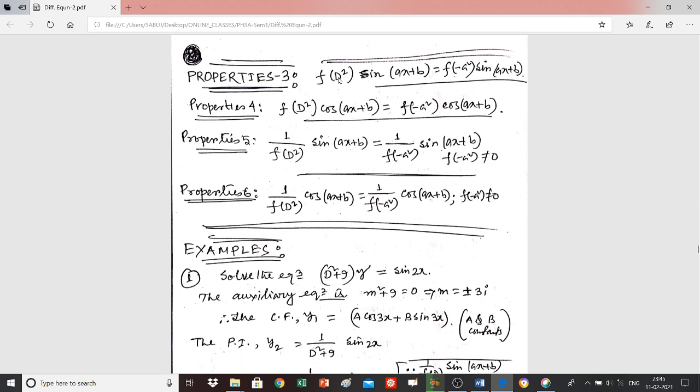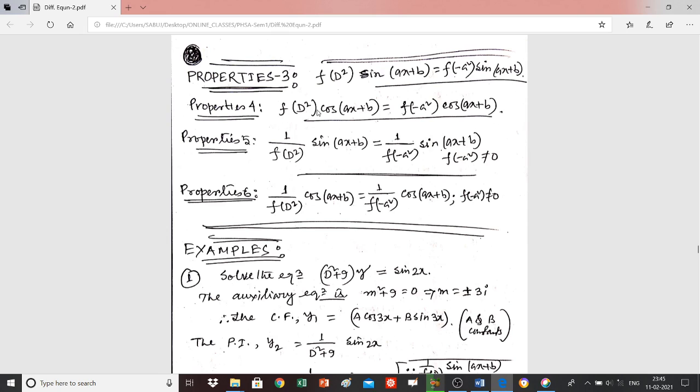Number one: f(D square) sine(ax plus b) is equal to f(minus a square) sine(ax plus b). That means if we have sine(ax plus b) on the right hand side of the given second order non-homogeneous differential equation, then this f(D square) should be replaced by f(minus a square).